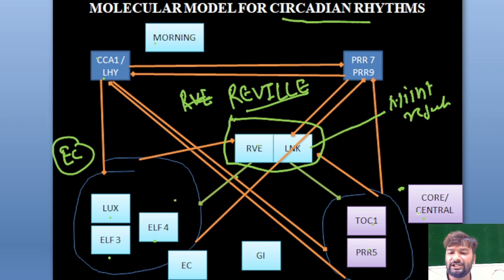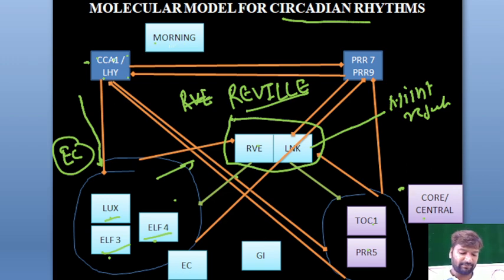So activation of this central core inhibits the morning expressed genes during the evening hours, and these RVE and LNK genes activate your evening complex. This is LUX, ELF3 and ELF4 during the evening times. And in this regulation, the morning expressed genes also inhibit your evening complex. So this is the signaling of how the circadian rhythms are regulated during the morning and evening hours.